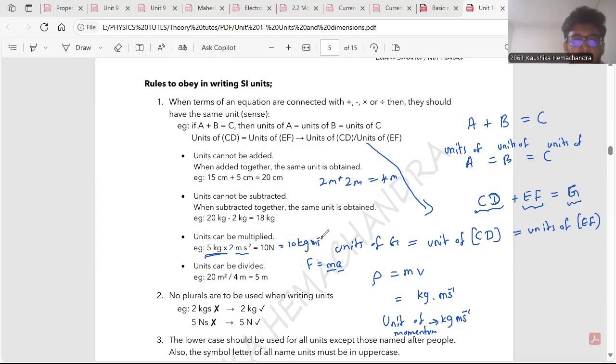That's a multiplication again. So 5 into 2 is 10, that's 10 newtons. And also, they can be divided. Right? 20 meters squared divided by 4 meters, the meter gets cut. We did that during conversions also. So division and multiplication can be done.